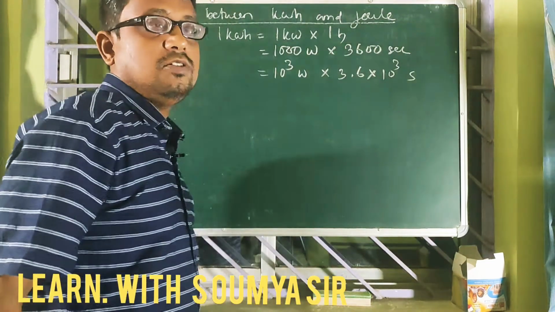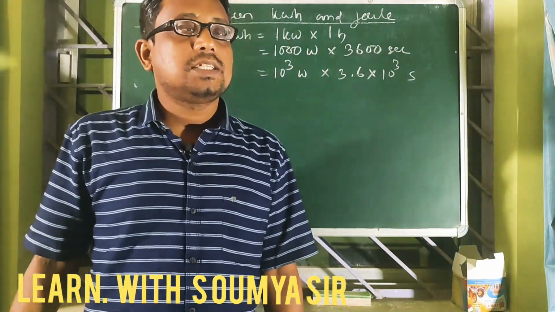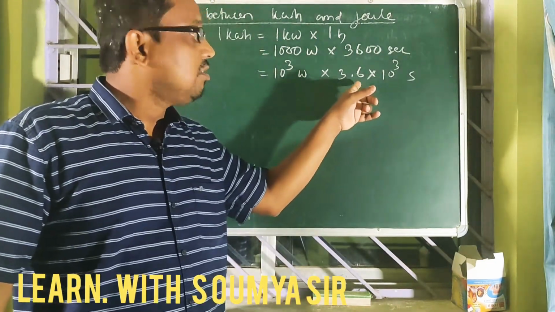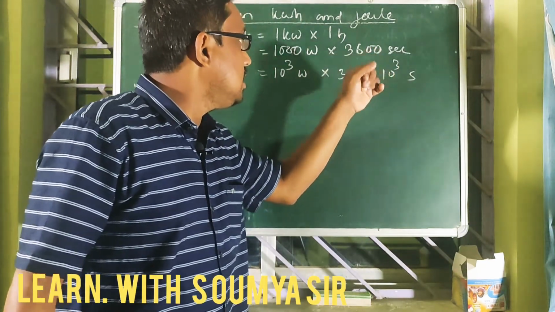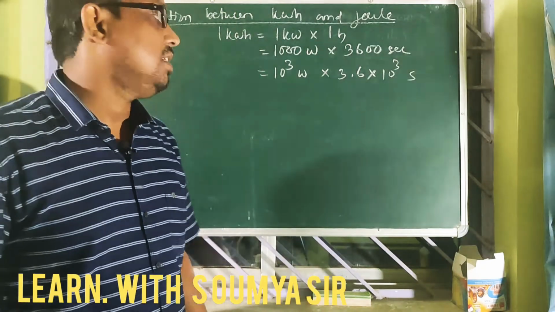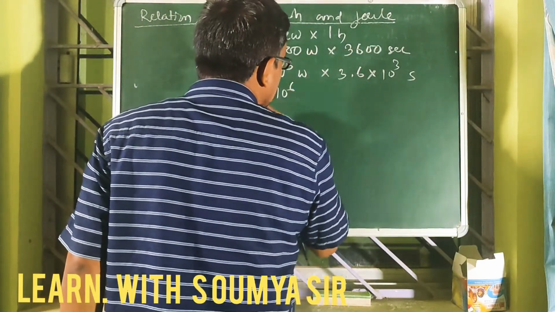I have told you in the video that every physical quantity is expressed in the form of their order of magnitude with 1 digit left to the decimal point. Here you see we have not written 3600 second, we have written just 3.6 into 10 to the power 3 second. So 10 to the power 3 plus 3 is 6.